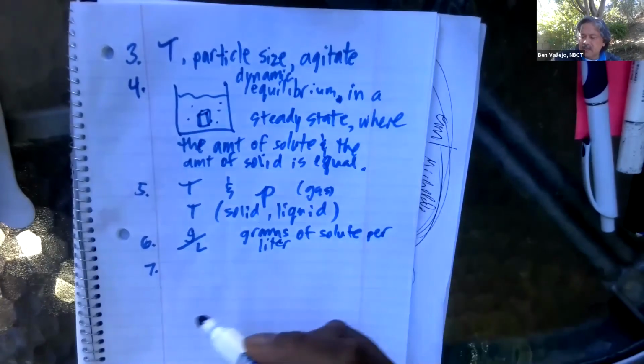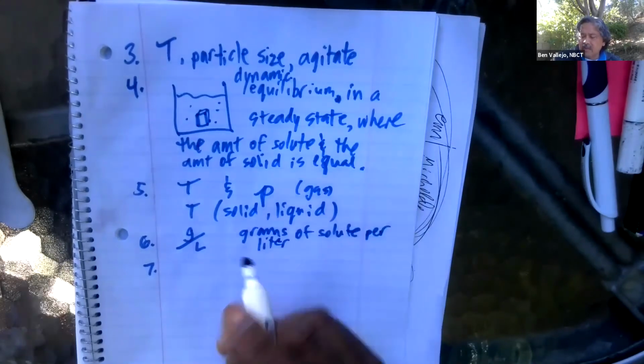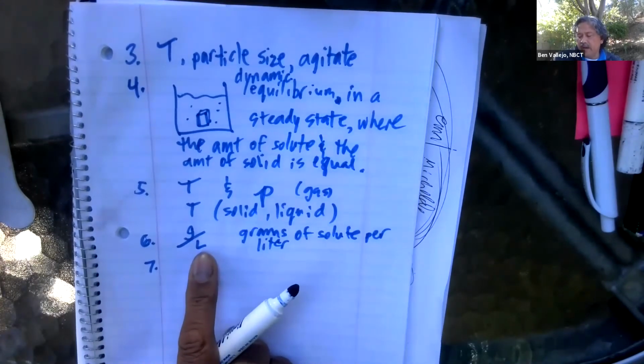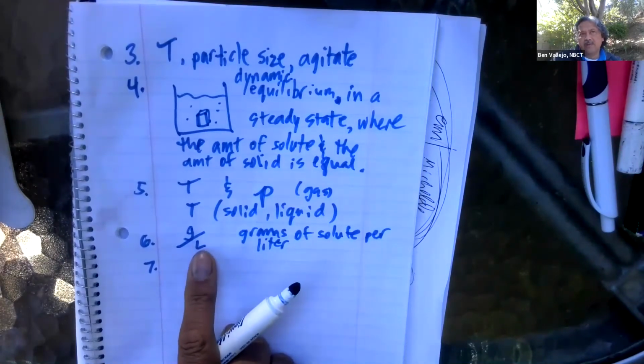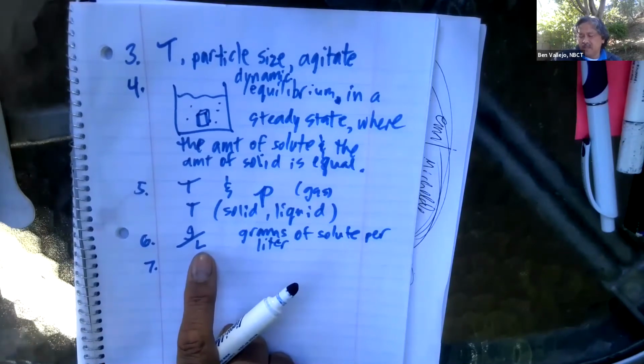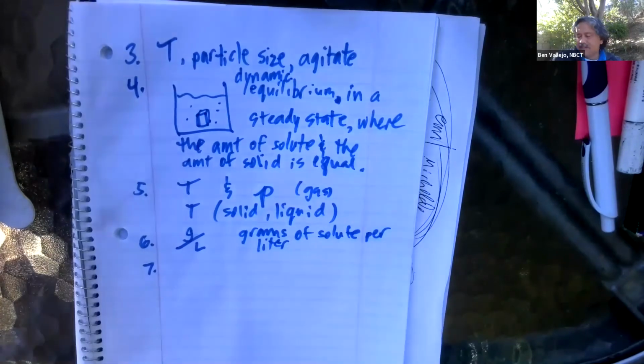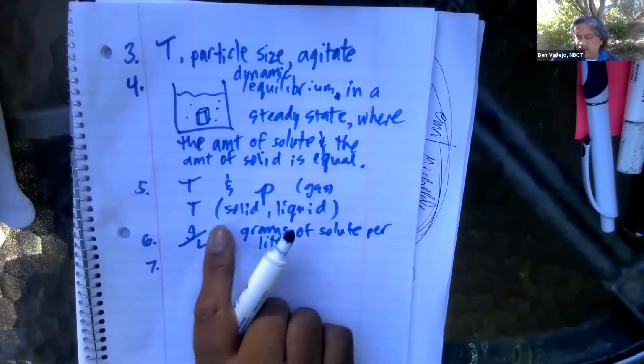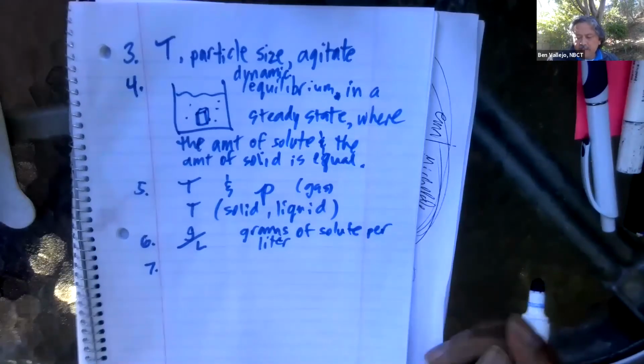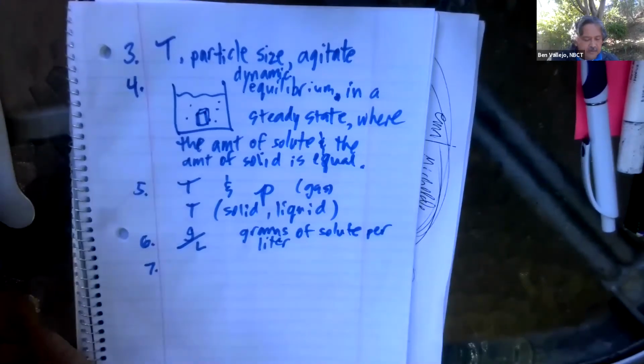So this is assuming it's an aqueous solution in 1,000 milliliters or 1,000 grams, but you could also have grams in 100 grams of whatever the solvent is, or 100 milliliters of whatever the solvent is. But that's too confusing. This is what we use almost all the time. So grams per liter, that's the answer, number 6.